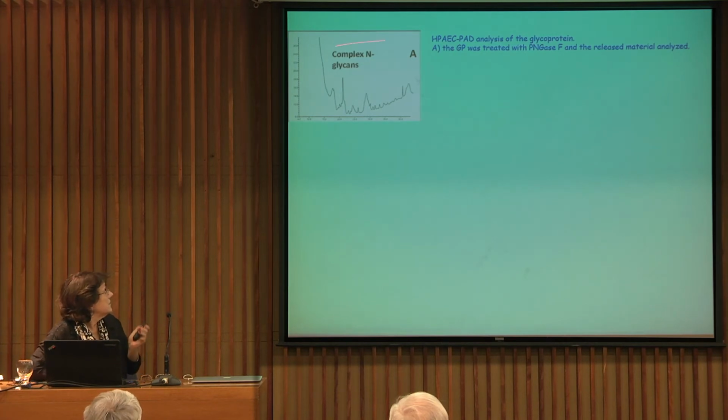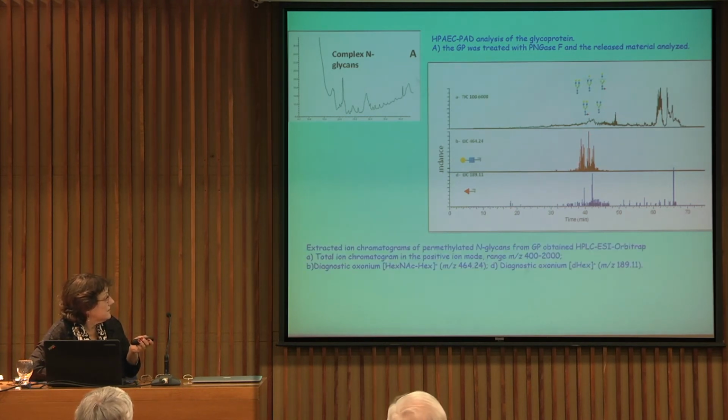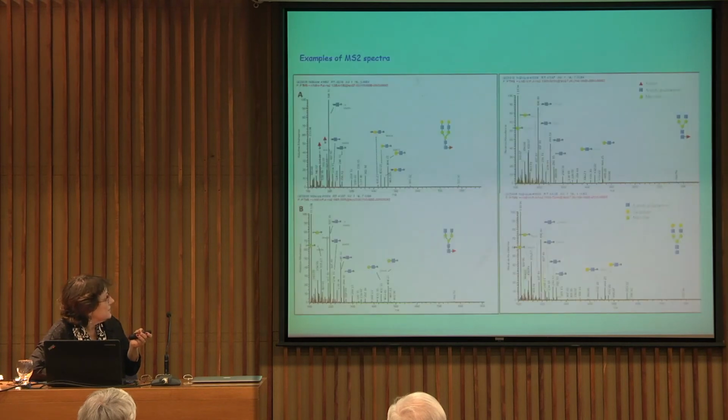We took these complex N-glycans and permethylated them, and analyzed the permethylated glycans by HPLC ESI mass spectrometry. And we could detect in this region the diagnostic ions of permethylated hexose units and deoxyhexoses. And so looking into the spectrum of these regions, we could obtain different glycoforms.